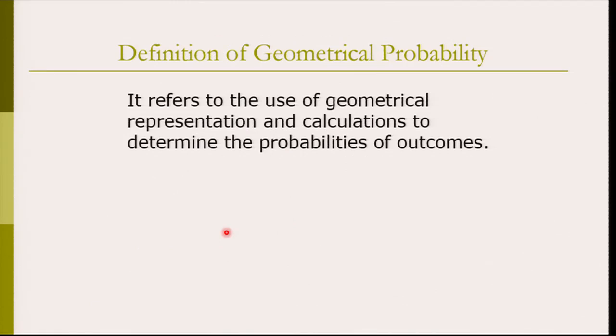As we know, the probability is defined in terms of the ratio of the successful outcomes to the total number of trials. So, this definition is used in conjunction with the geometrical objects, and it refers to the use of geometrical representation and calculations to determine the probabilities of outcomes.